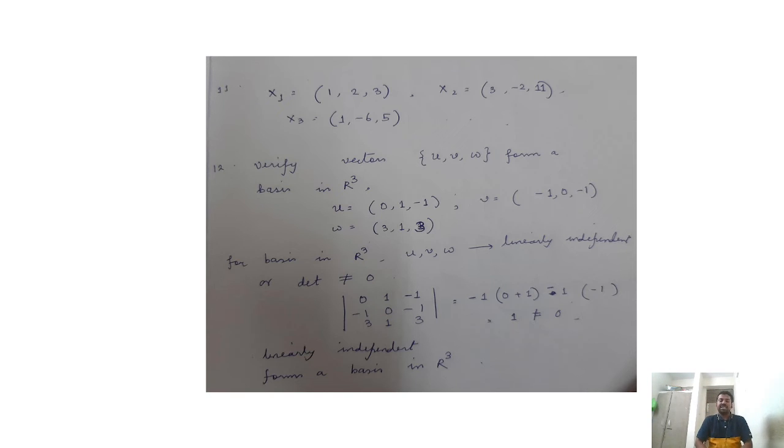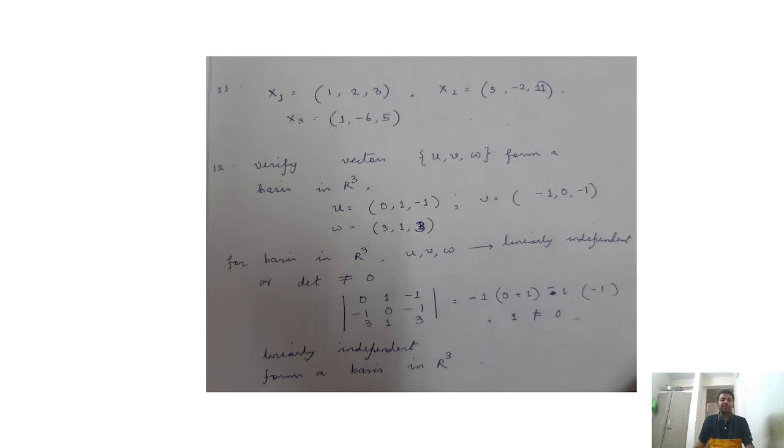The objective is to check whether these vectors are linearly independent or linearly dependent. I would like the students to kindly solve this problem on their own. The question is inspired by question number 10, and you have to follow the same procedure.